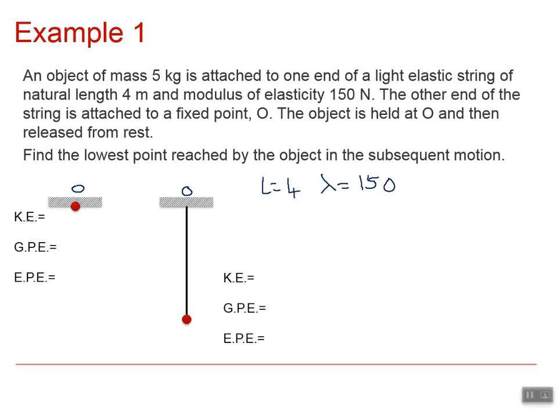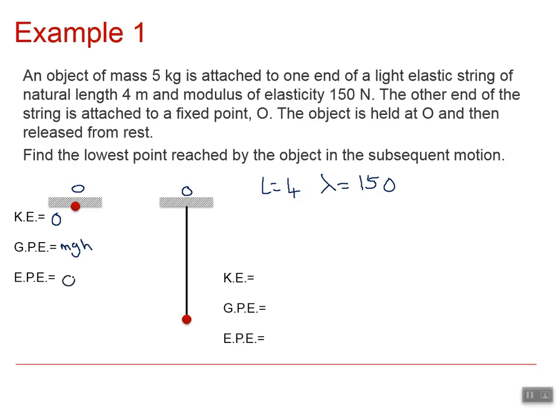So what we're interested in is thinking about what's happening initially and then what's happening at the end, because we know due to conservation of energy that the sum of these things should be the same. So our initial kinetic energy is 0. Our initial gravitational potential energy is mgh.